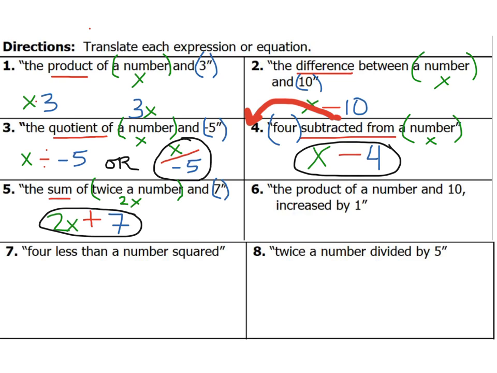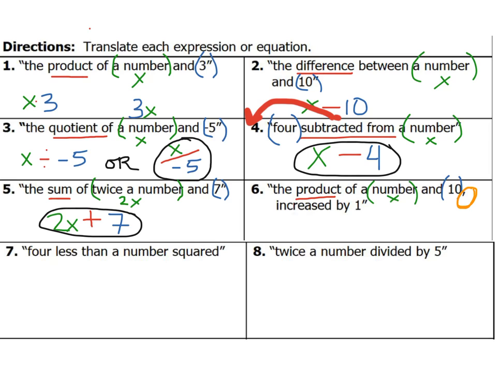Number 6, same thing going on. The product of a number, so my variables are in green, a number and 10. And then I noticed something here. I'm going to switch to orange or yellow, whatever you want to call this.